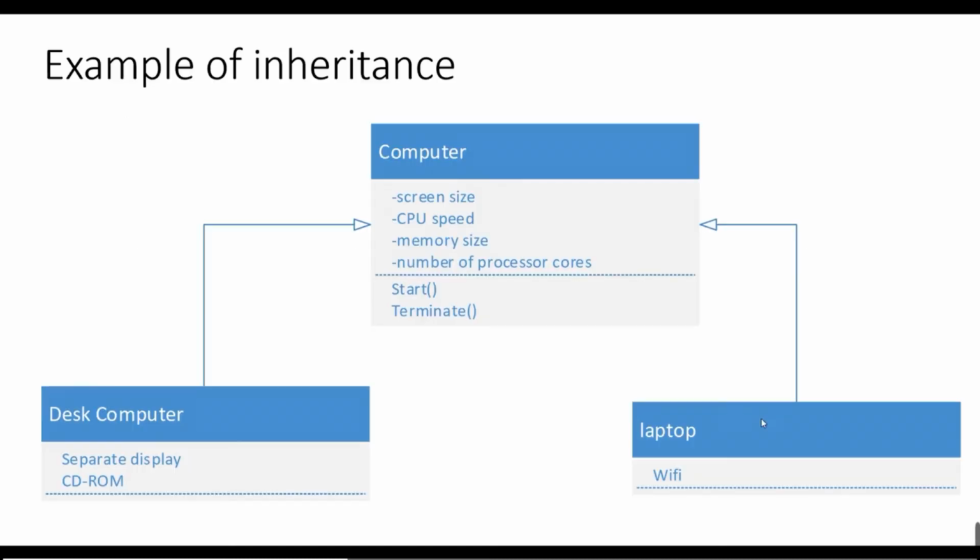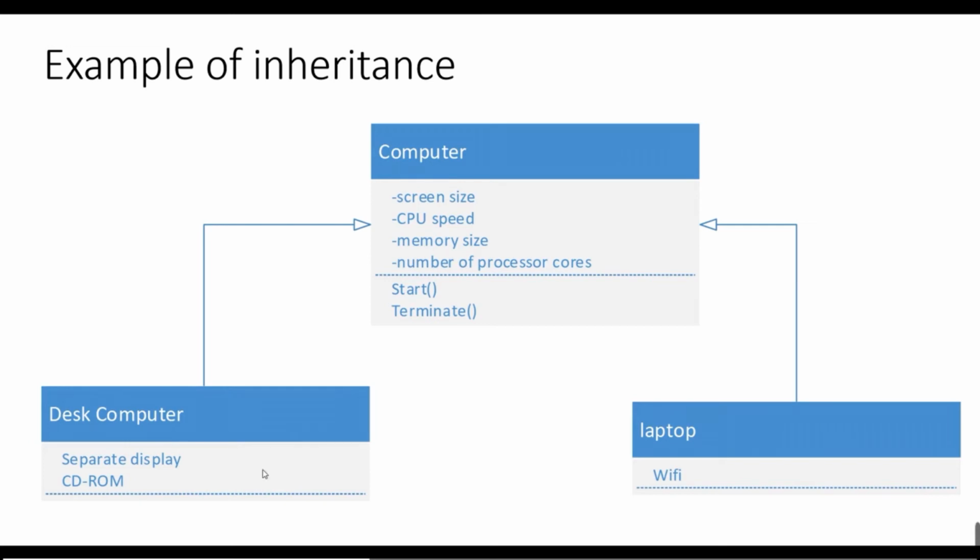It means when we find there are different kinds of computers in the system, we need to factor out some common attributes and common operations and construct a superclass for these different objects or different classes. If we could factor out some common attributes and common methods, we can construct a superclass.